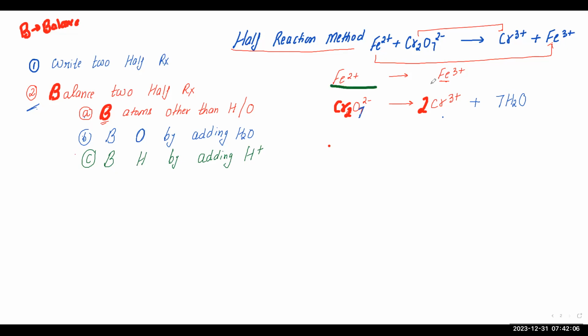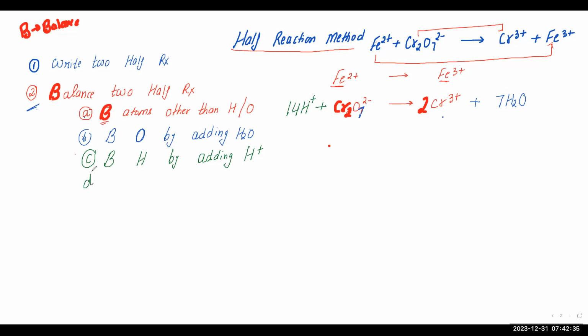This equation, no hydrogen. Ignore. This equation has how many hydrogens on this side? 14. So what should I do? I should add 14H plus on this side. Agreed? This is C, A, B, C.